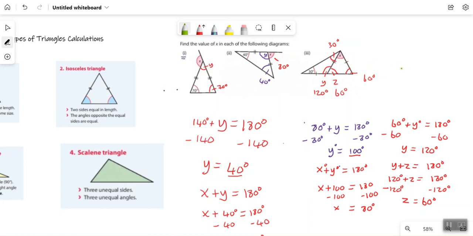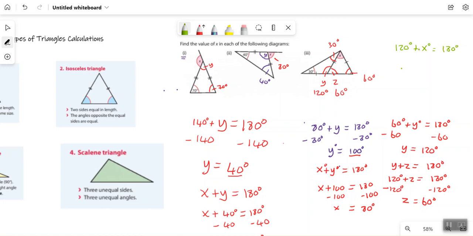If we want to work out what x is, we can say that this angle is 60 and this angle is 60, which is 120. So 120 plus x degrees is equal to 180.